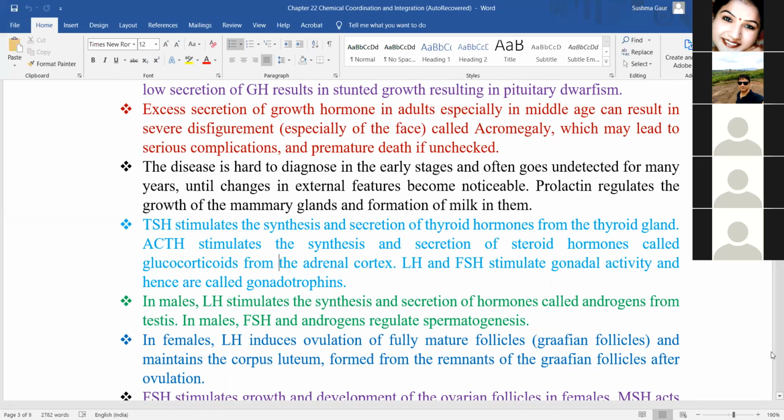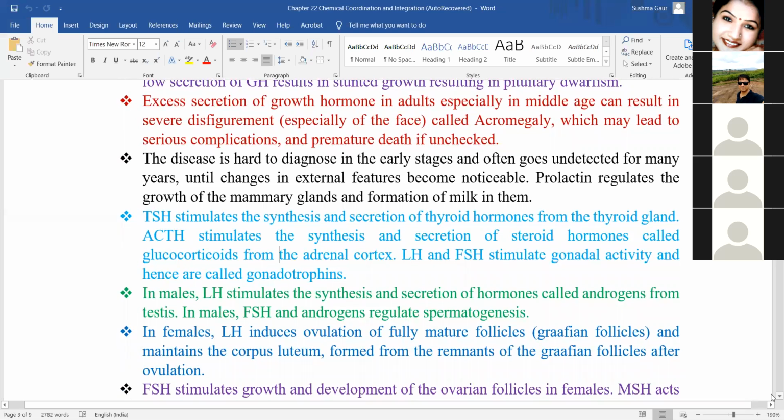So what is this acromegaly? Because of excess secretion of growth hormone, the face of a person will start looking different from a normal face. So this is a very severe complication. Because of this, a person can die before their age. Okay.